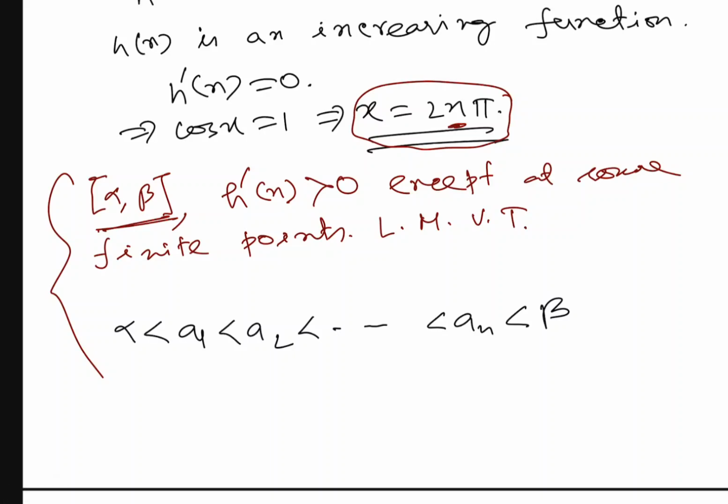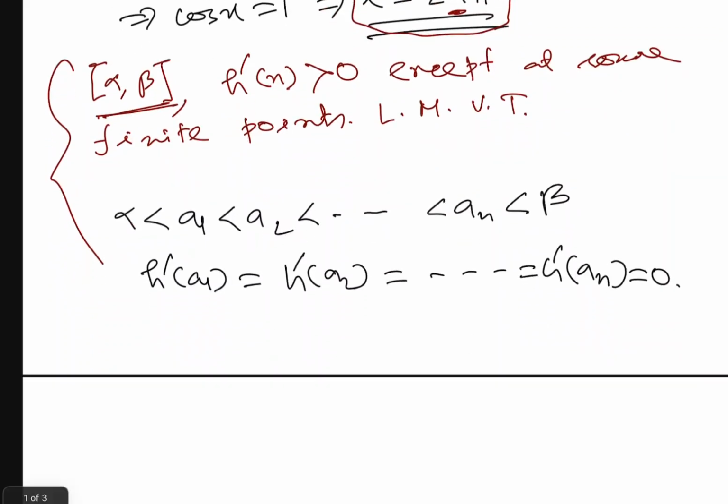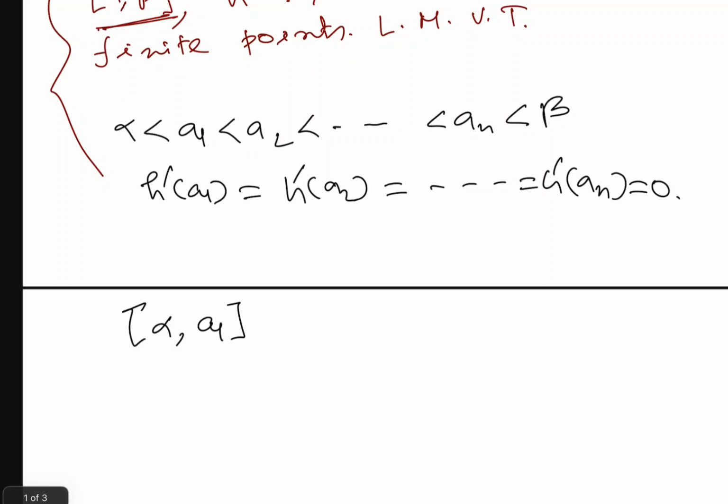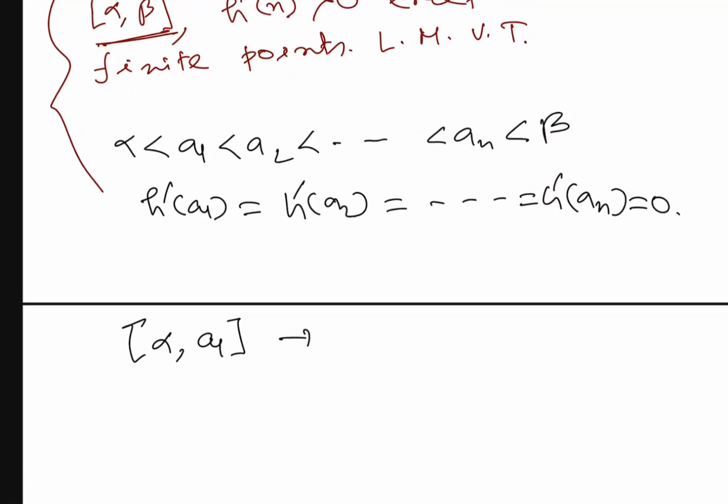So h'(a1) = h'(a2) = ... = h'(an) = 0. Now consider this interval (alpha, a1). Clearly a1 is greater than alpha. In this interval we are going to use Lagrange's mean value theorem.